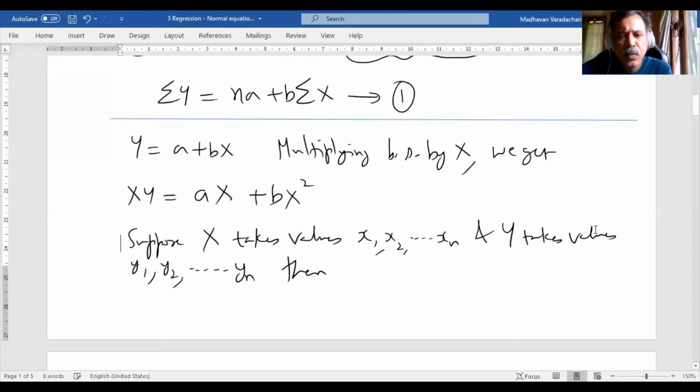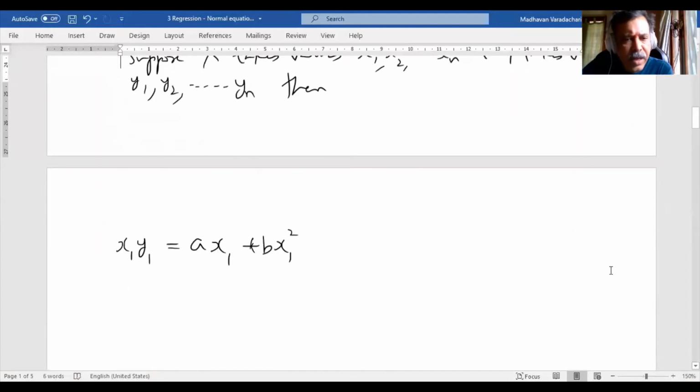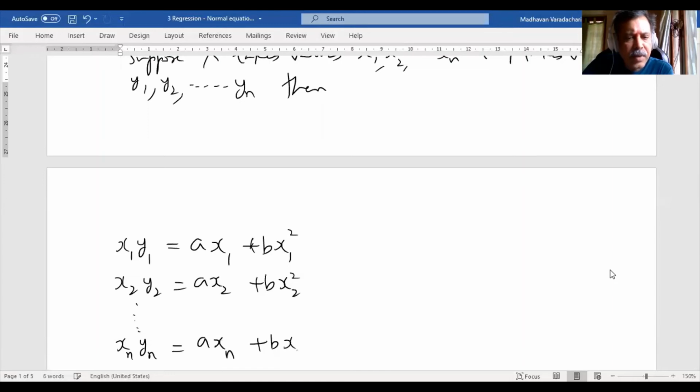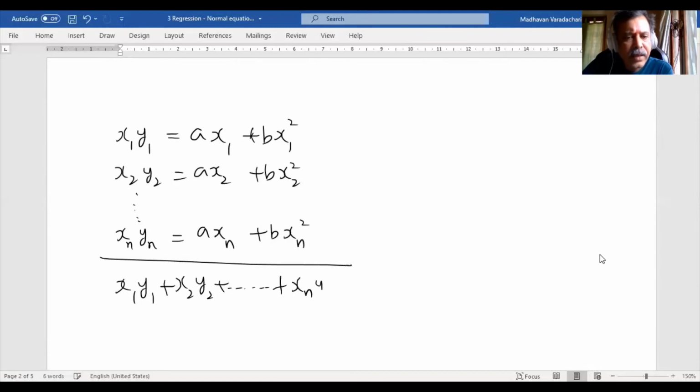Then I can write this xy as x1 y1 equal to a times x1, since a is a constant, plus b times x1 square, since b is a constant. The next value is x2 y2 equal to a x2 plus b times x2 square. Likewise, the nth value is xn yn equal to a times xn plus b times xn square. Now if I add these, the left hand side becomes x1 y1 plus x2 y2 and so on up to xn yn.